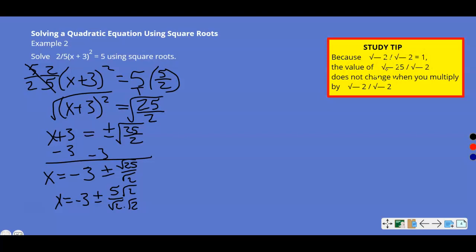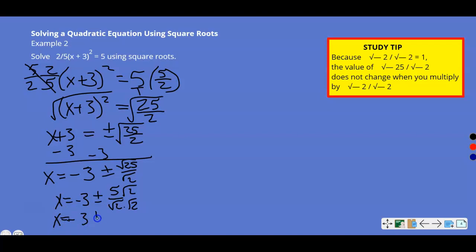And if you take the square root of 25 and divide it by the square root of 2, it does not change if you multiply it by this number. It's not changing anything. We're just rewriting it in a different form.